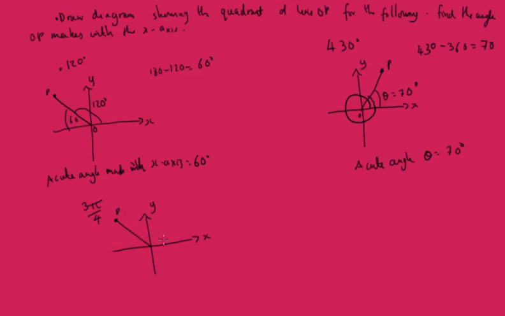So this here is 3 pi over 4, and therefore this must be pi over 4. So it's an acute angle made with the x-axis equal to pi over 4.